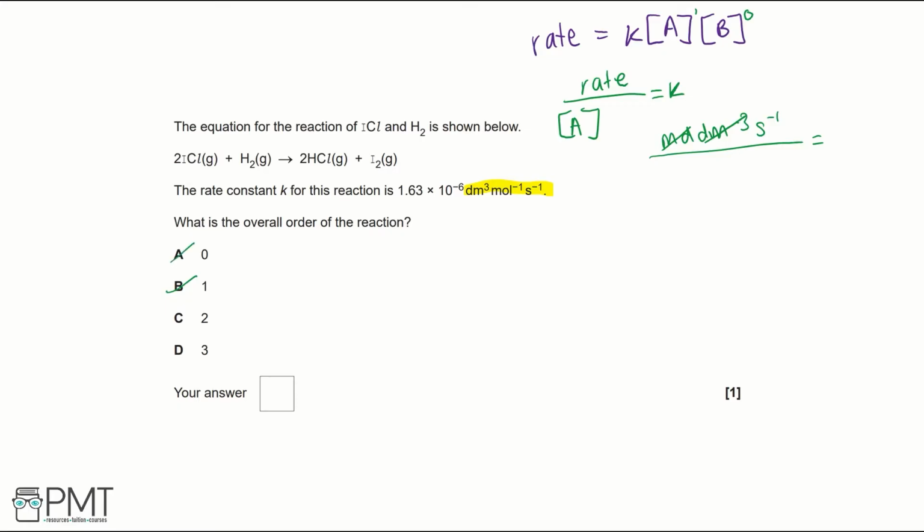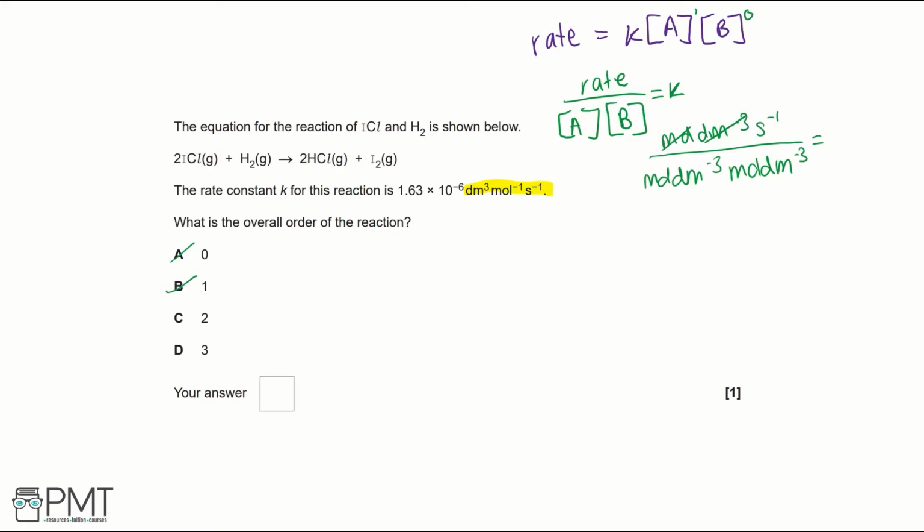If we move on to second order, that's going to be divided by moles per decimeter cubed, moles per decimeter cubed, because we're going to multiply concentration units twice.